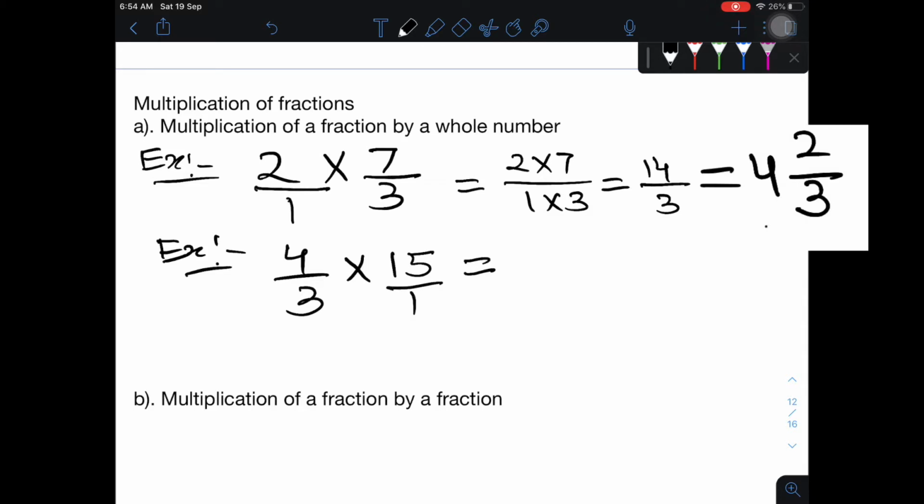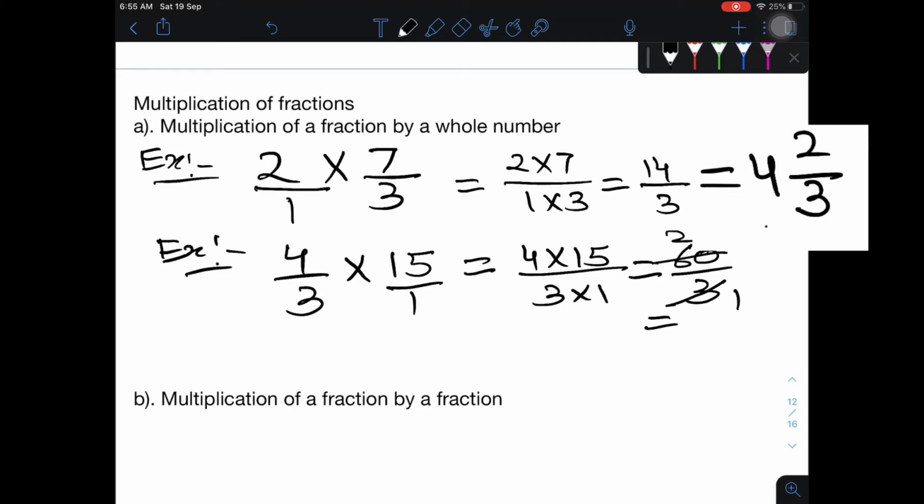Just do the same. 4 into 15 and multiply now denominator, 3 into 1. 15 fours are 60 and 3 ones are 3. Now just do the simplification. 3 ones are 3, 3 twos are 6, so your answer will come 20.